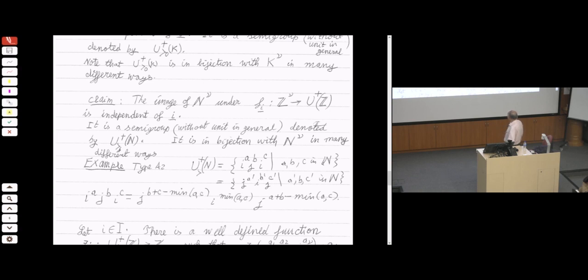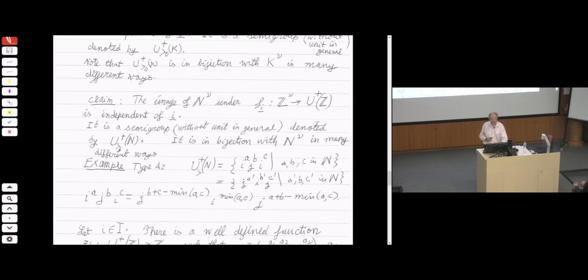You remember that in this semi-field, the minimum of two numbers plays the role of a sum, and this expression should be interpreted as a product of B times C divided by the sum of A plus C.